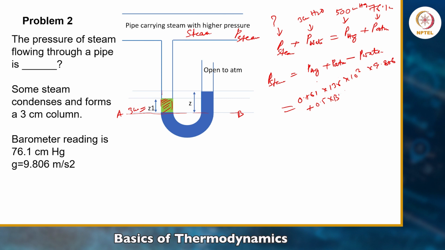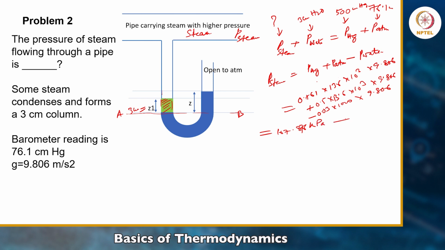Then minus 0.03 meter into 1000 kg per meter cube water density into 9.806. So it gives 167.876 kPa.